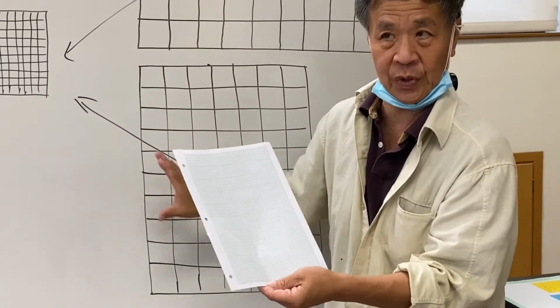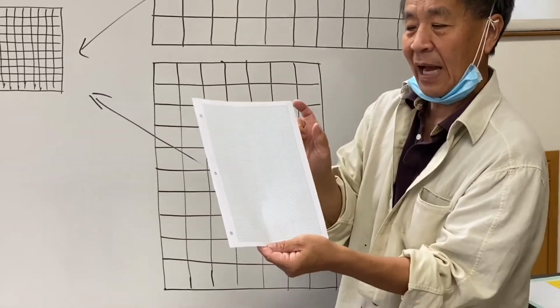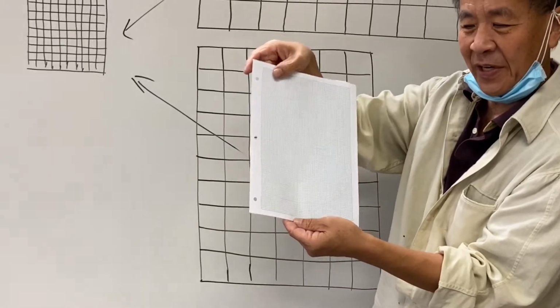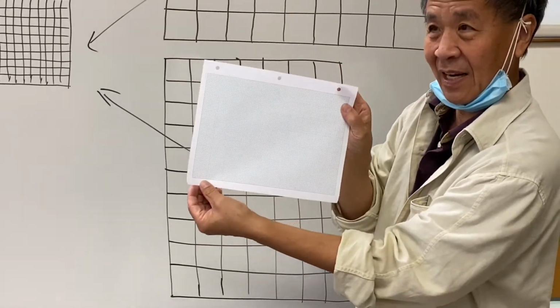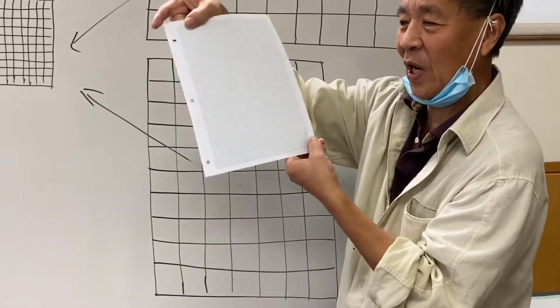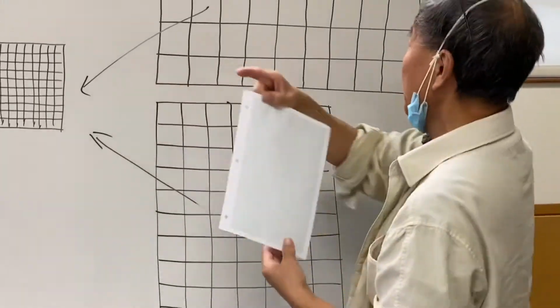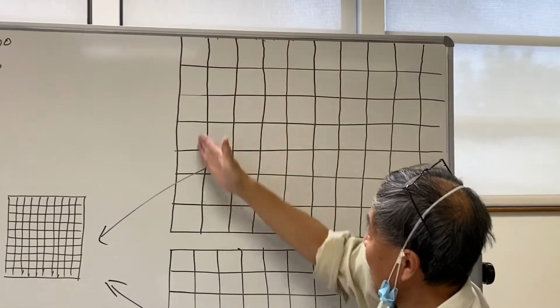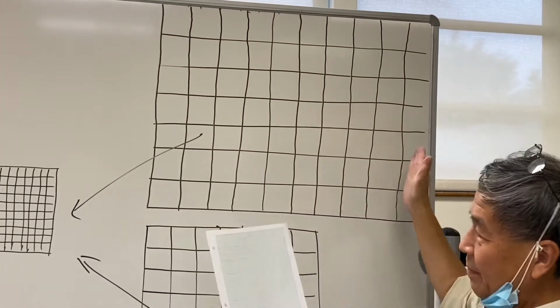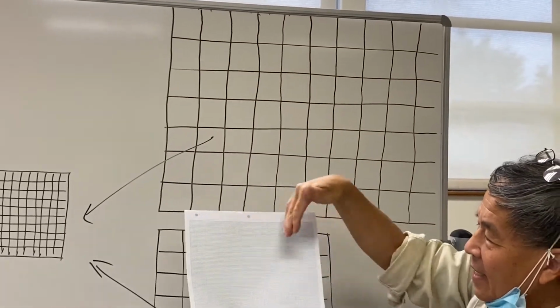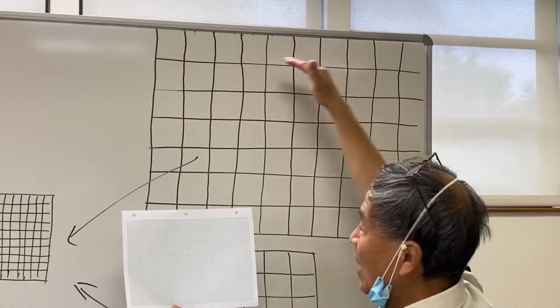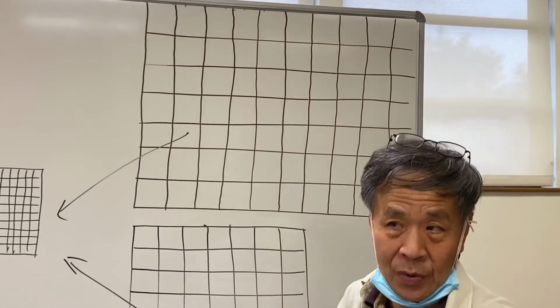Now, however, if you turn this 90 degrees either up or down, you will see you have 10 columns, but only 7 rows.